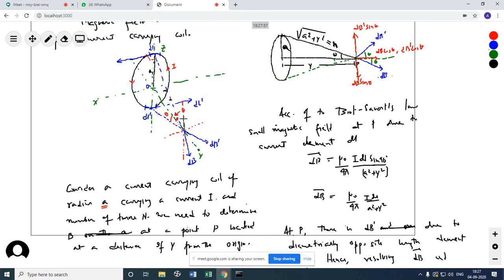If I draw the axis here, if this is theta, then similarly if I draw one line from here, exactly diametrically opposite, this will also be theta.